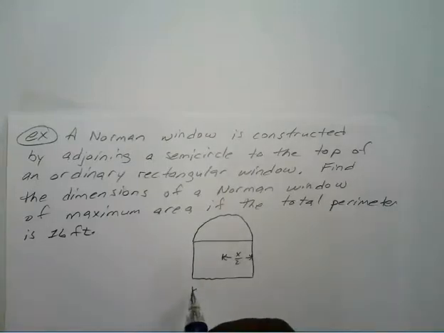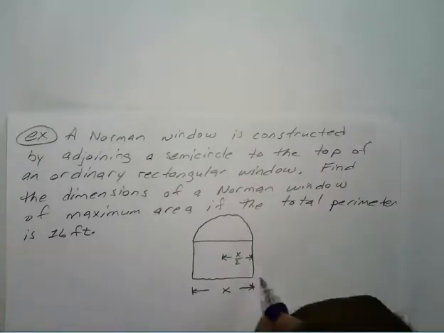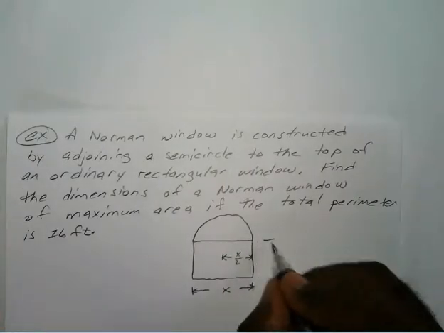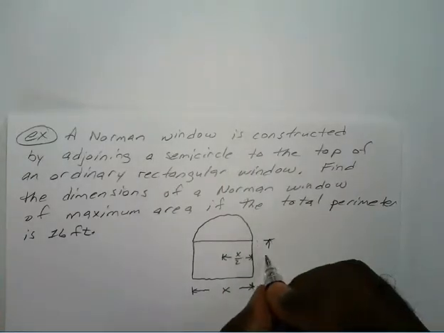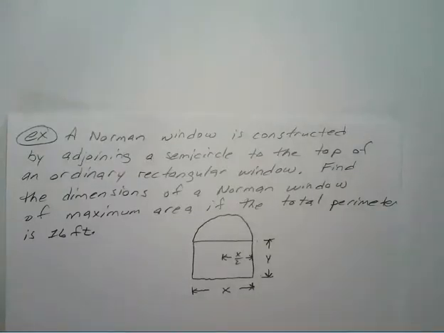The entire length, that's going to be x. And from here to here, this is going to be our y. Okay, so all the information we need is right here.